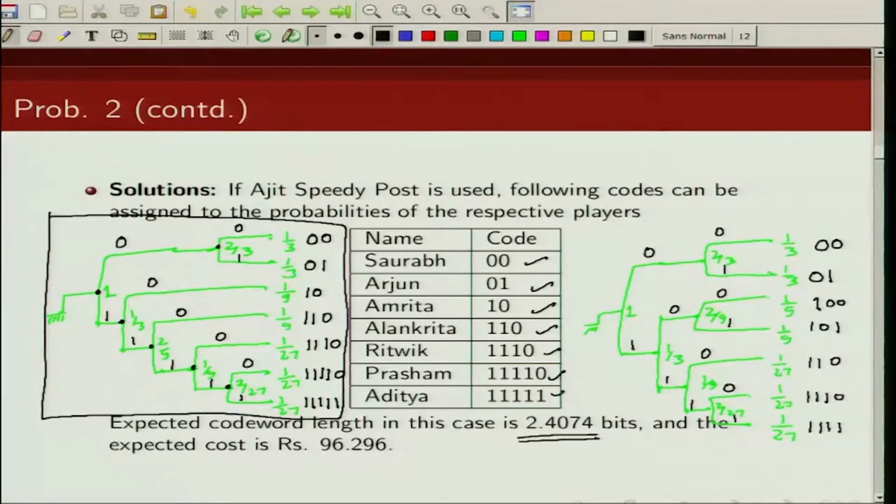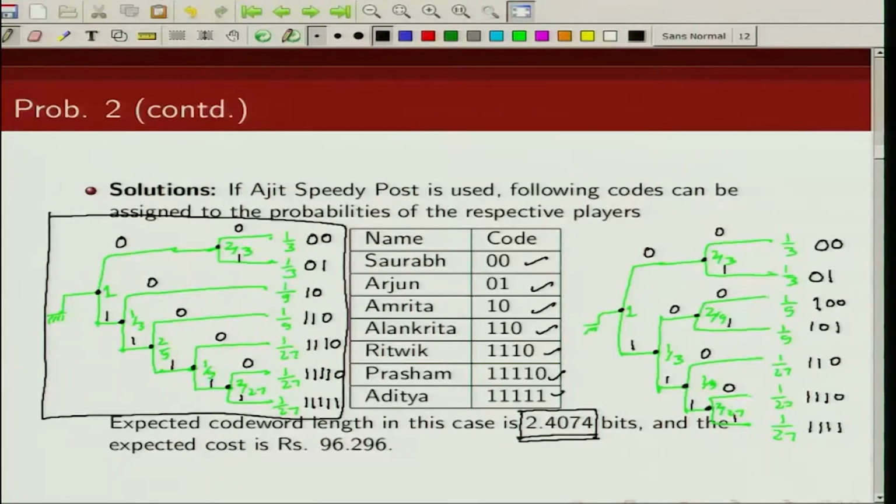We can calculate the same thing from here and we'll get the same answer. You can verify: 1 plus 1 by 3 plus 1 by 9 plus 2 by 27 plus 2 by 9 plus 2 by 3. You'll get the same. So the expected code word length, if we use a binary Huffman code, is going to be 2.4 bits.